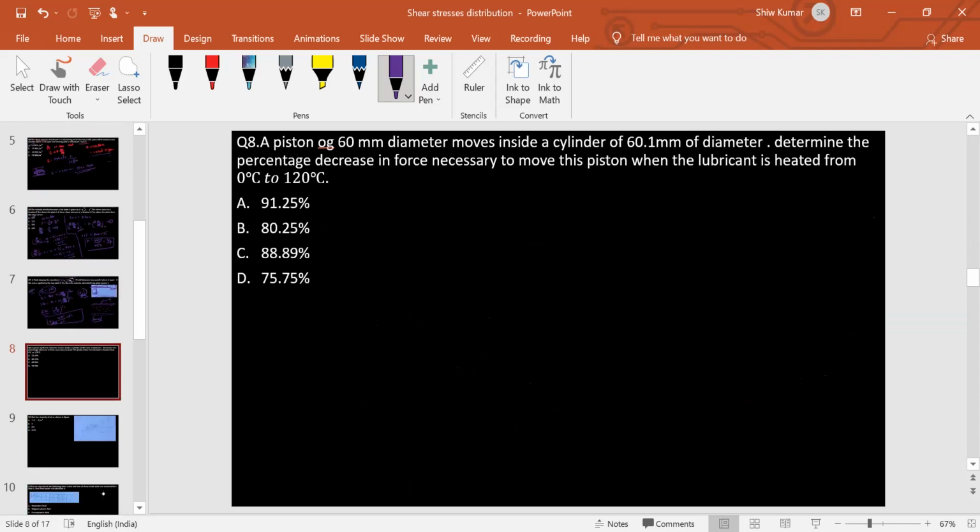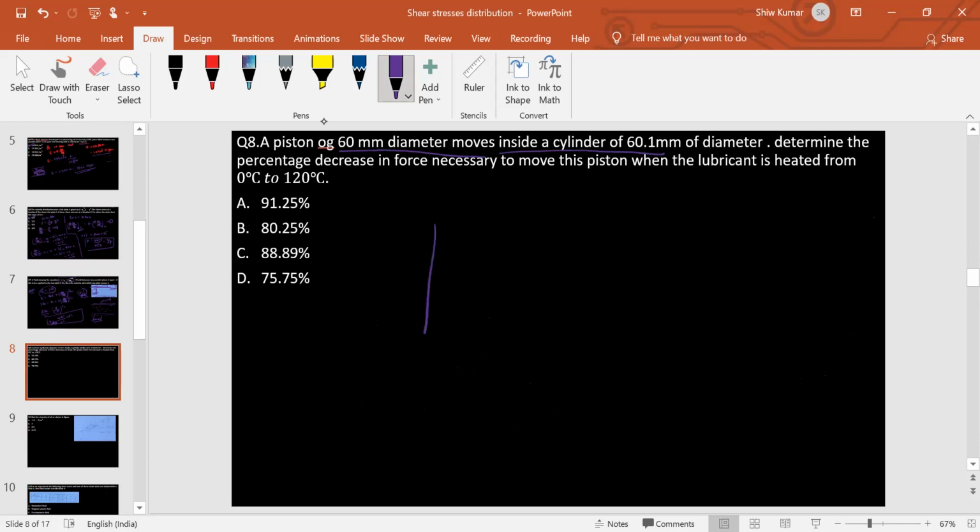Next question we have is based on Newton's law of viscosity only. A piston ring of diameter 60 mm moves inside a cylinder of 60.1 mm diameter.